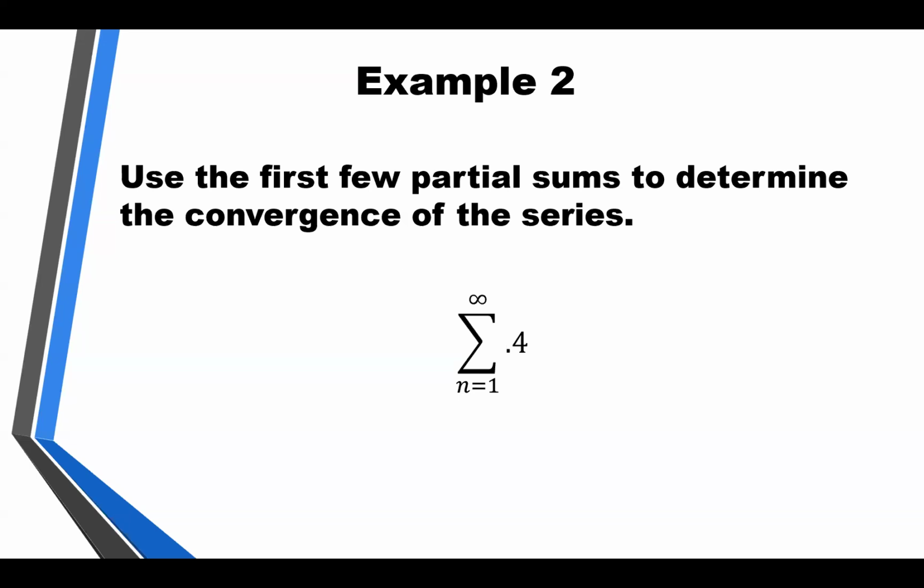Let's do another one. Let's take a second example. This is an infinite series where we're summing up from n equals 1 to infinity 0.4.